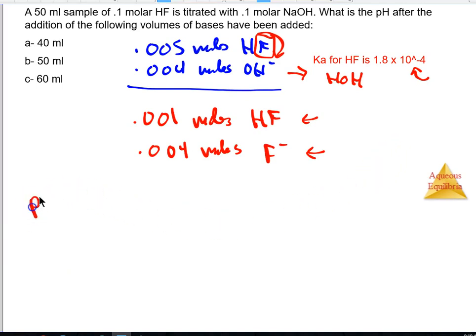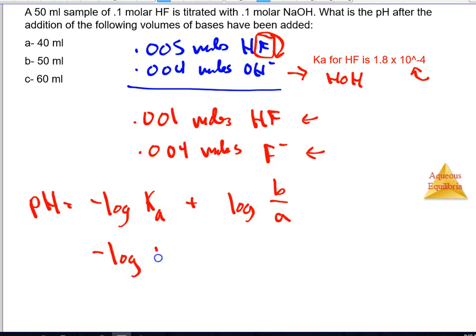So the pH, I will remind you, is equal to the negative log of the Ka, or pKa, that's just that written out, plus the log B over A, right? So I take the negative log of 1.8 times 10 to the negative 4th plus the log. The base is the F minus, 0.004. The acid is 0.001. And then I just plug that into my calculator and I go from there.